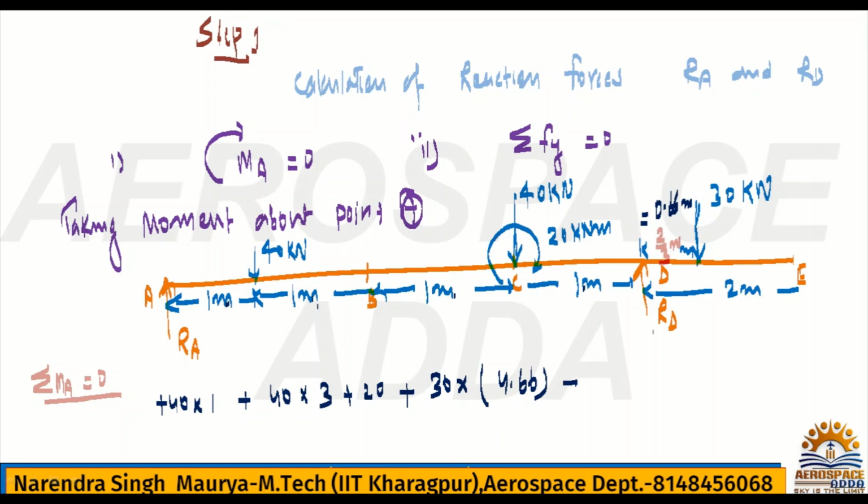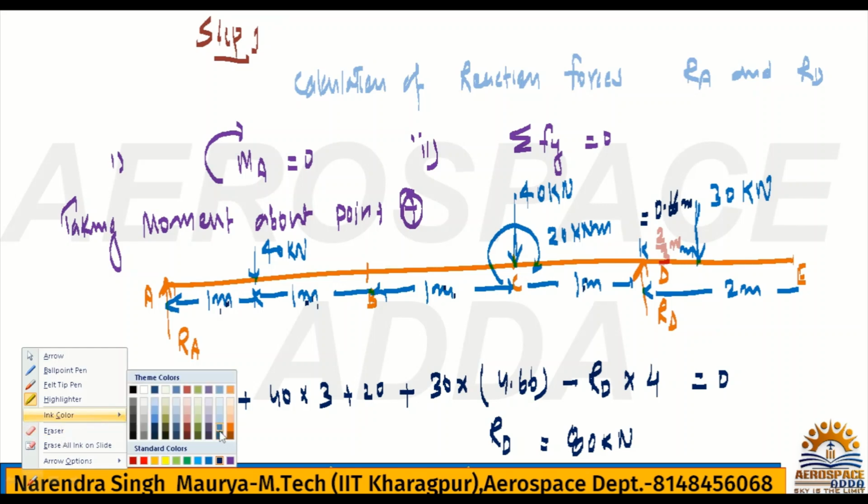Minus, now this RD will give anti-clockwise moment about A, so RD into the total distance, 1, 2, 3, RD into 4. Now find what is RD. Quick, do it.